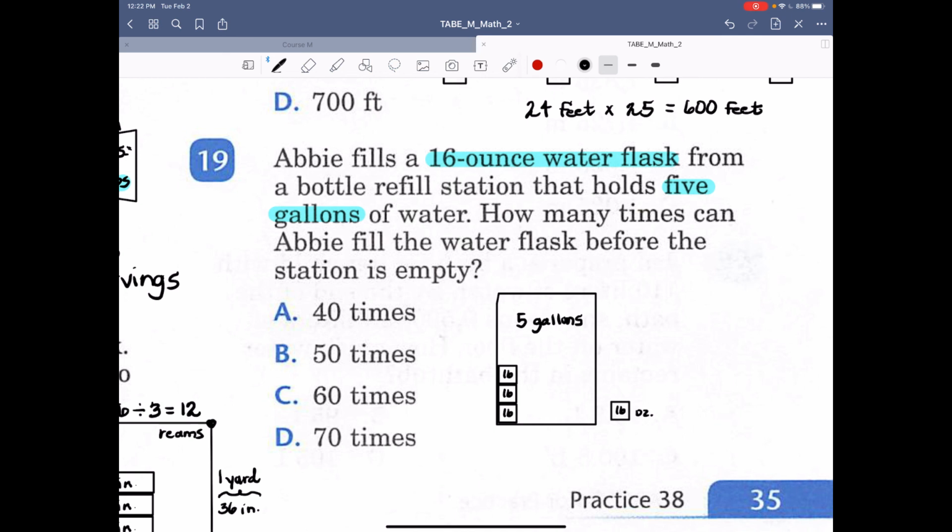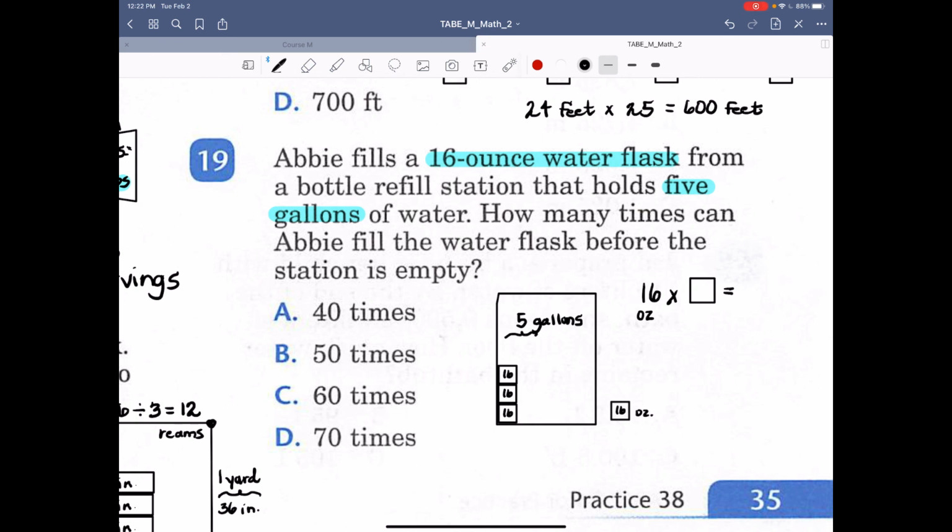Let me show you something here. 16, I know what the bottle holds, times some unknown number of times equals, and here we have another problem, because the 16 is in ounces, the gallons can't mix with that. So let's multiply.